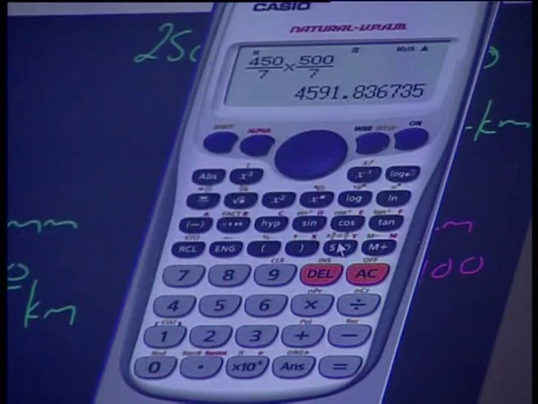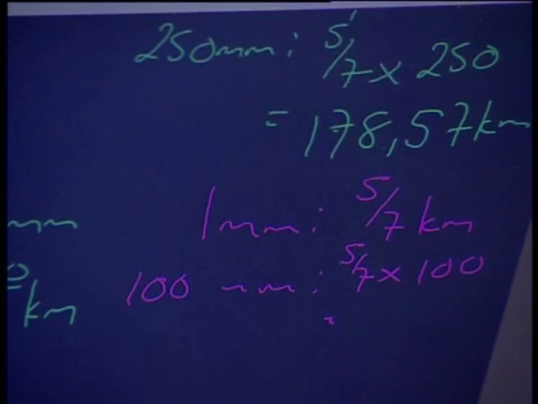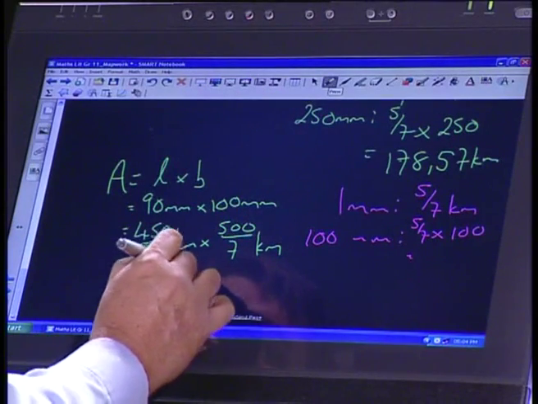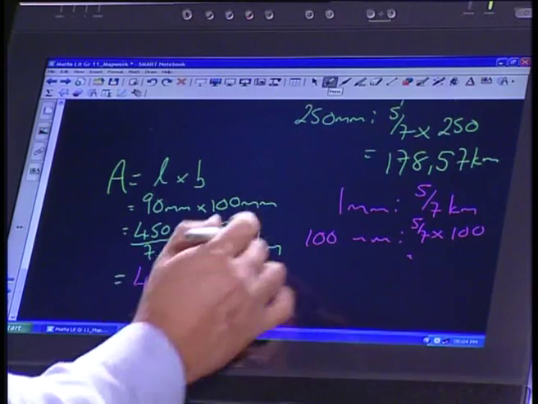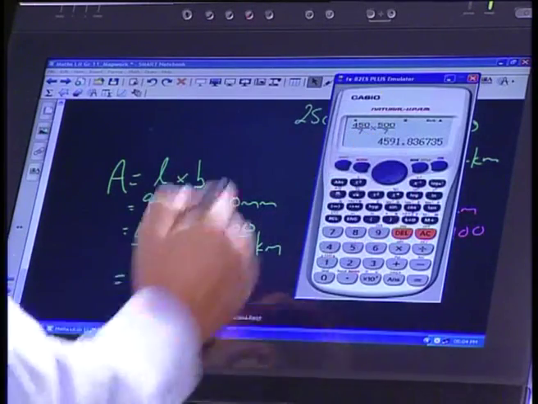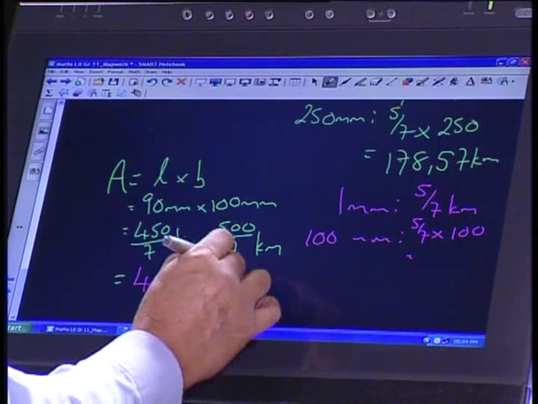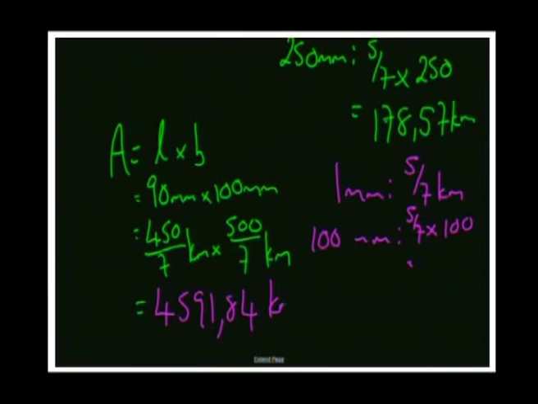So let's do that. Push our S to D button, and there it is: 4,591.84. Okay, so 4,591.84 kilometers? No, kilometers squared, because we're dealing in area.